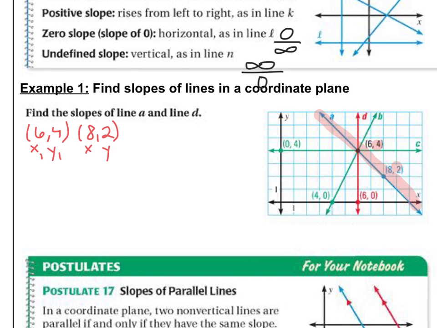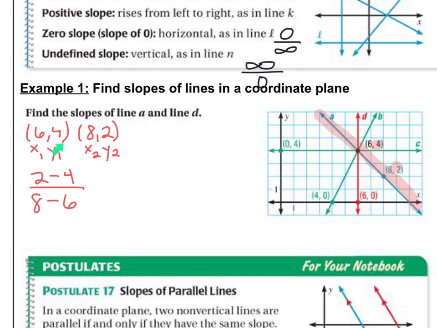I would go through and mark them so you know. And then remember, slope is change in y's over change in x. So we will do 2 minus 4, and then we'll do 8 minus 6. The key here is making sure that these two numbers come from the same point, and these two numbers come from the same point. We can't cross it up.